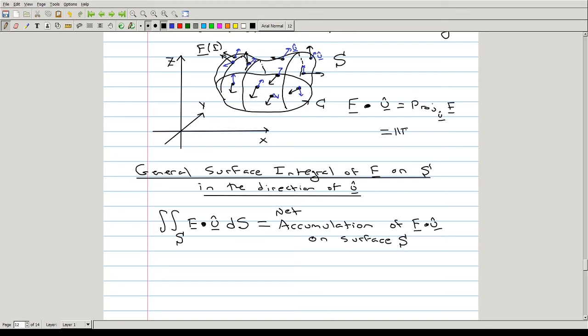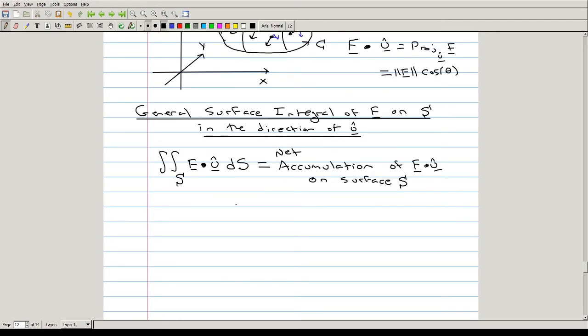And if you want to look at the magnitude, it's the magnitude of F times cosine of theta, where theta is the angle between u hat and F. And notice that u hat in general is changing as you move along the surface. So this is the idea of what the surface integral of a vector field looks like in general.